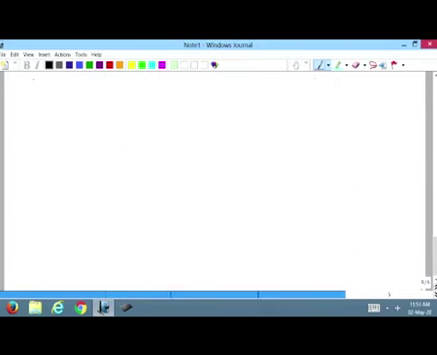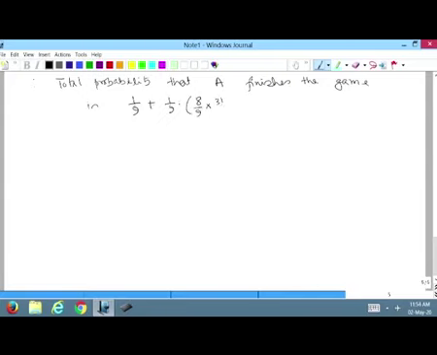Therefore, total probability that A finishes the game is 1 by 9 plus 1 by 9 into 8 by 9 into 31 upon 36 plus 1 by 9 into (8 by 9 into 31 upon 36) whole square.